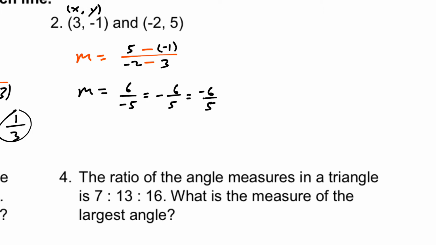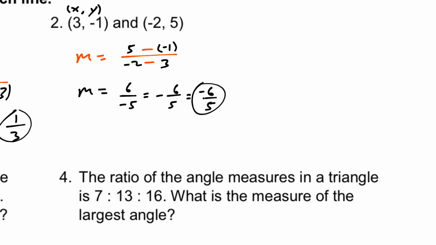We have a slope of 6 over -5, but generally if I have a negative in a fraction, I could leave it in the denominator like it is here, or I could put it out in front of the fraction bar, but I think it's best probably to put the negative into the numerator, or the top of the fraction. So I would have my answer as -6 over 5.